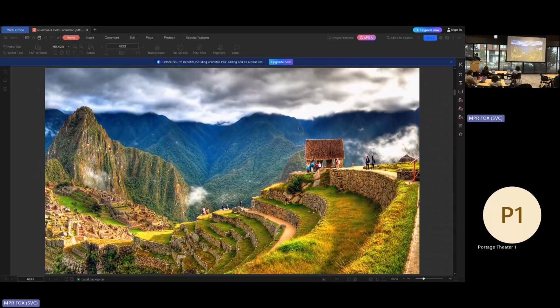So just to share about Peru, perhaps you may know that it's very known for Machu Picchu, Los Incas, and what I want to share in this presentation is something beyond that. Peru is a wonderful country.